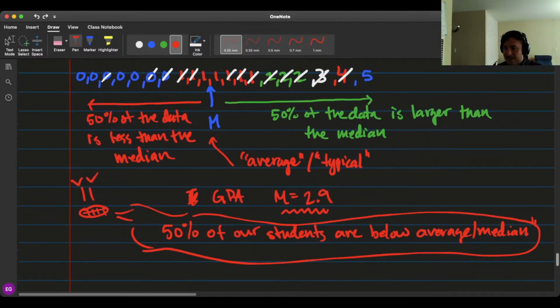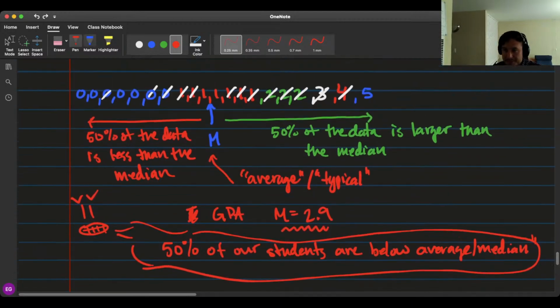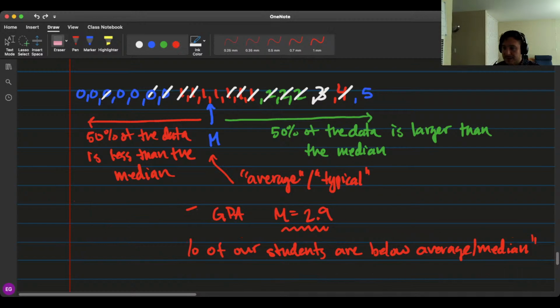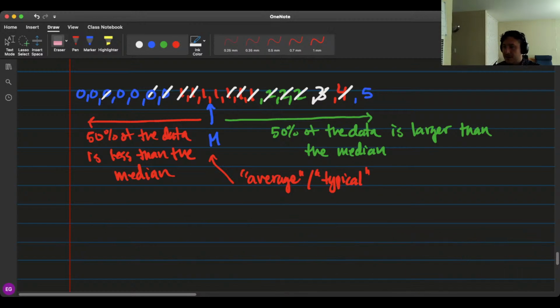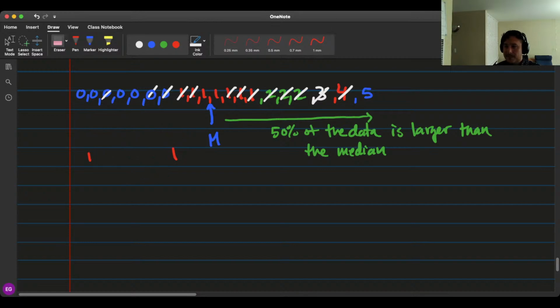Okay, so let's keep going with this. I'm going to erase some stuff. Okay, so we have our 50% there. Let's look at this part right here. The numbers less than the median: we had 0, 0, 0, 0, 0, 0, 0, 1, 1, 1.